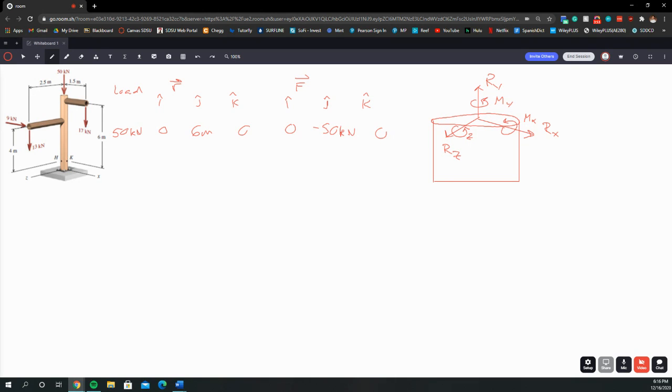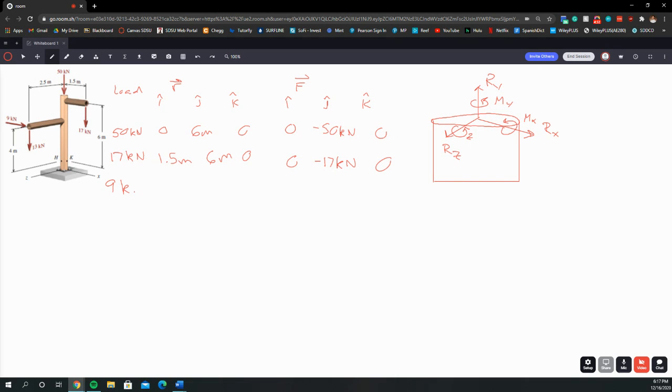So now we have to do that for the other 3. For 17 kilonewtons, we have 1.5 in the x, and then 6 in the y, 0 in the z, and it is again negative 17 in y. Then the 9 kilonewton force.